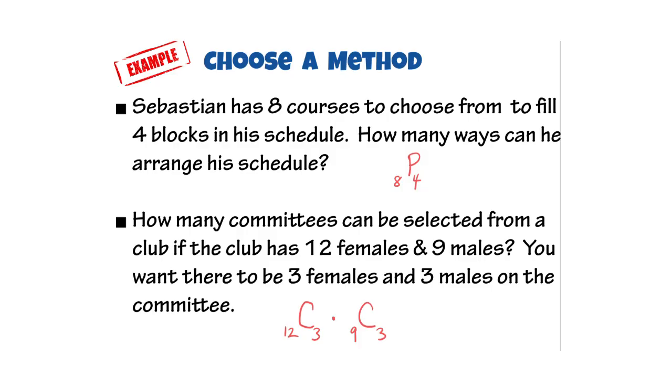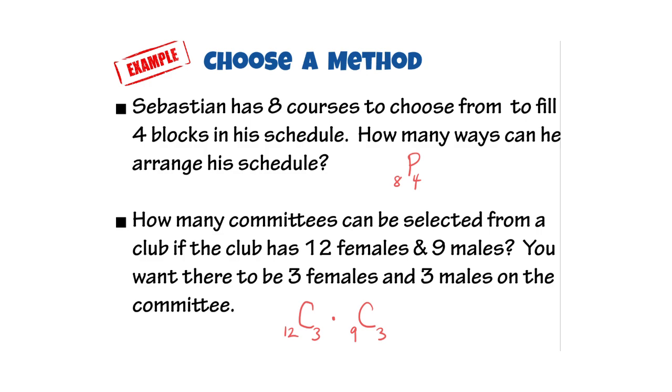On these last 2 examples, there are some key phrases here. Sebastian has 8 courses to choose from to fill 4 blocks in his schedule. How many ways can he arrange his schedule? The fact that he's looking for a particular arrangement means having math first block is not the same as having math second block. That's considered a different schedule. So that's a permutation situation.